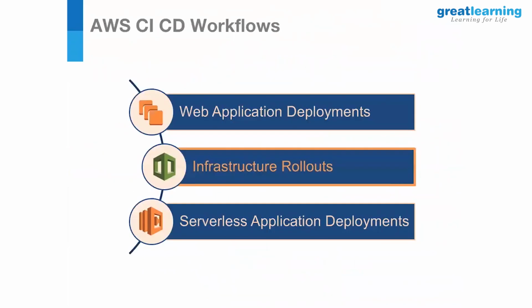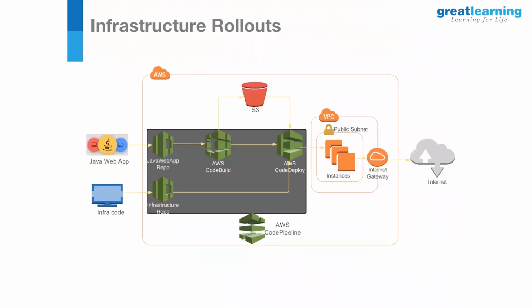Next we'll move on to the infrastructure rollouts. In this example, we will see how we create an EC2 instance using infrastructure as code, and then deploy our web application onto that EC2 instance that we just created.